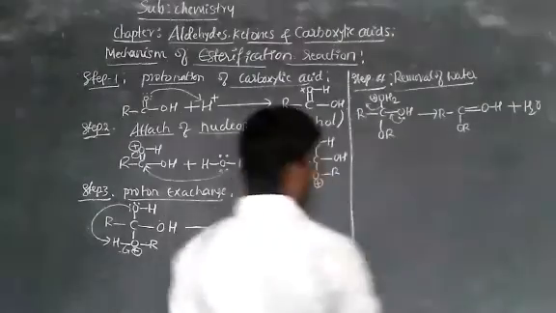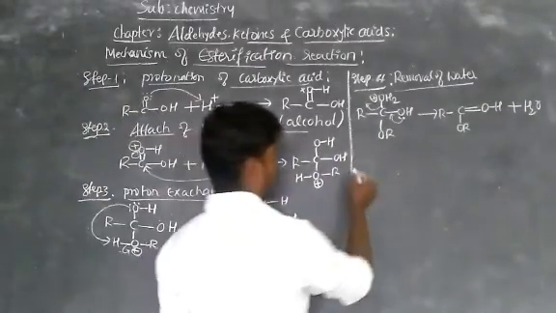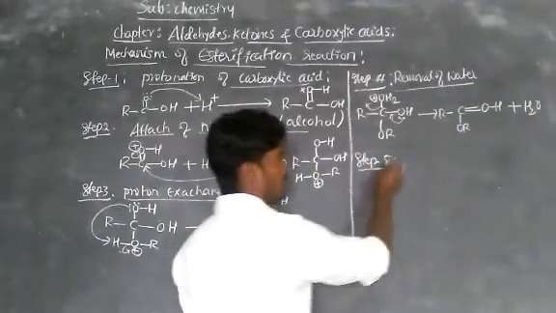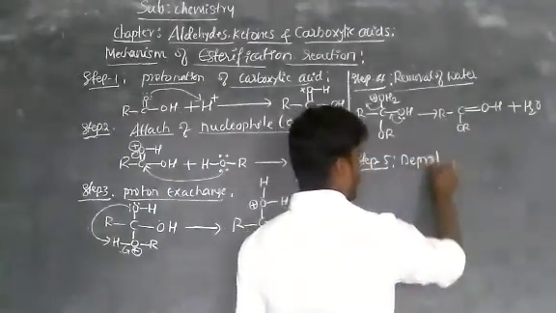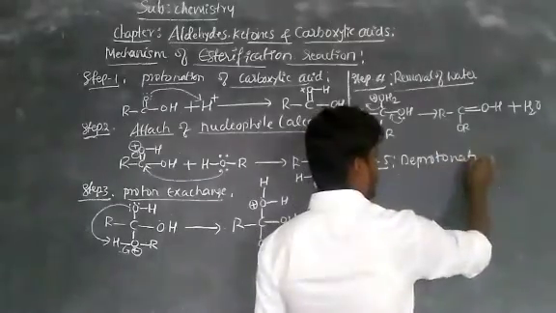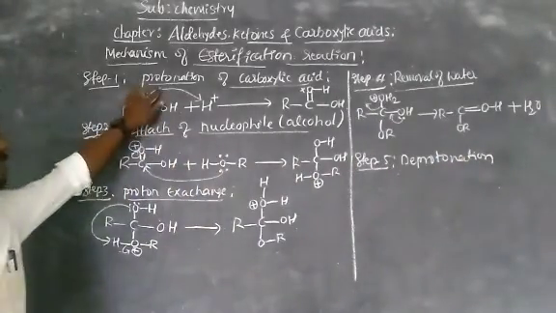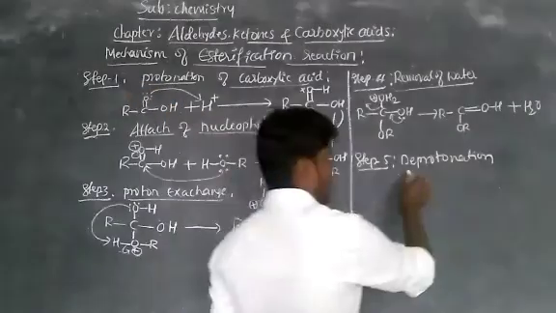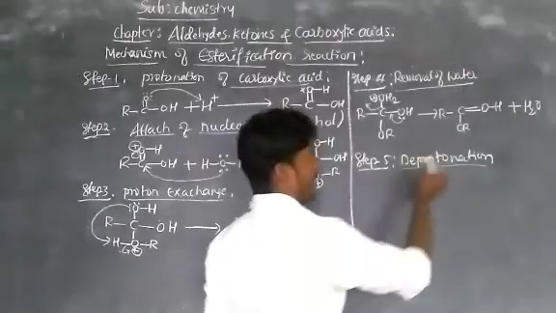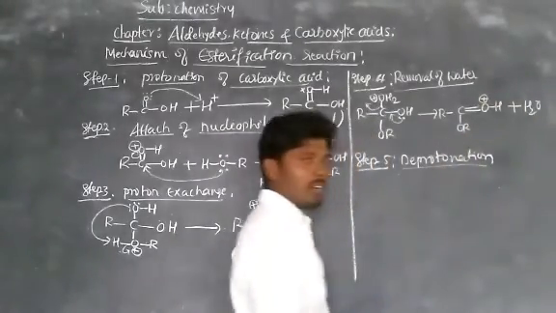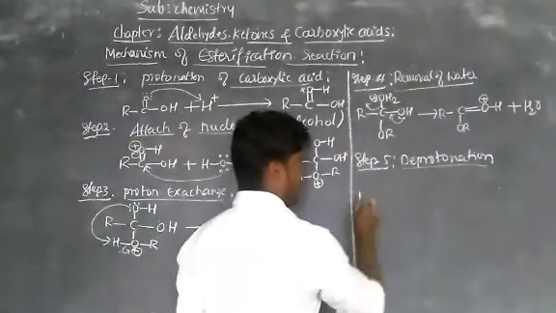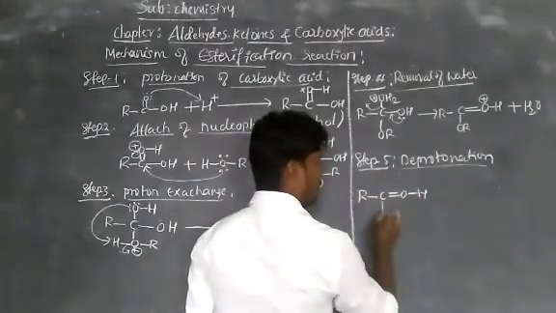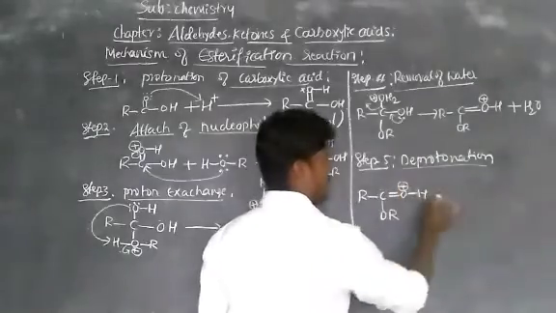Now observe the 5th step. Step 5 is deprotonation. Deprotonation means what? The first step is protonation, right? Protonation is adding a proton. Deprotonation is removing a proton. Now take this one. Here the oxygen again carries a positive charge because it is electron deficient, having 3 bonds. R, C double bond O, bond H, bond O, R plus.